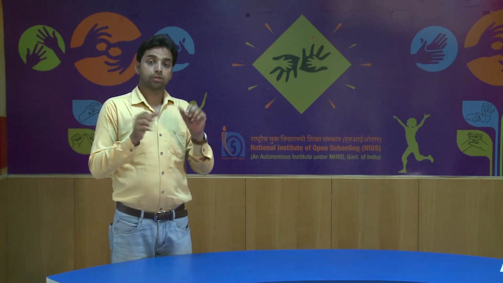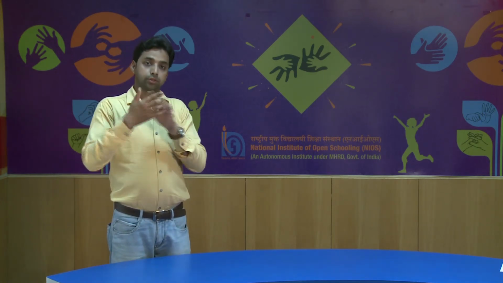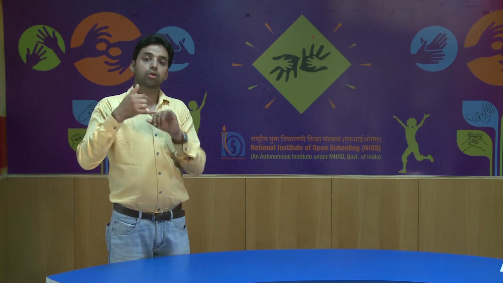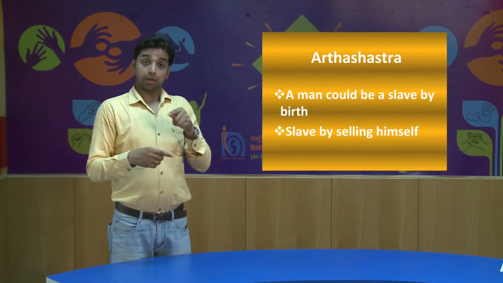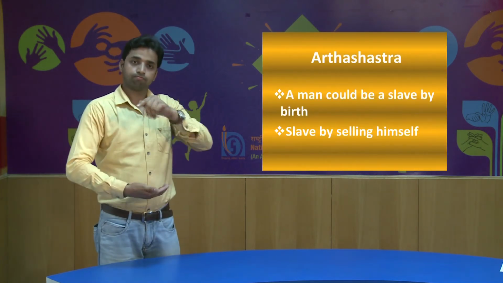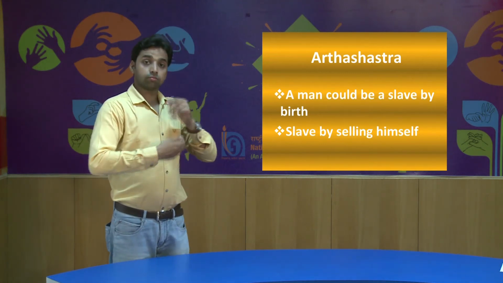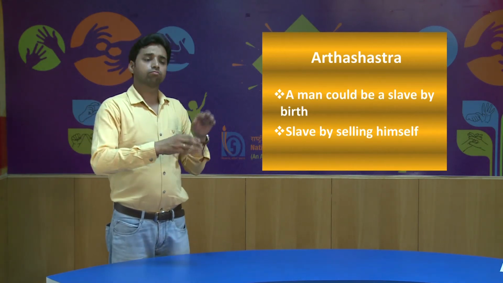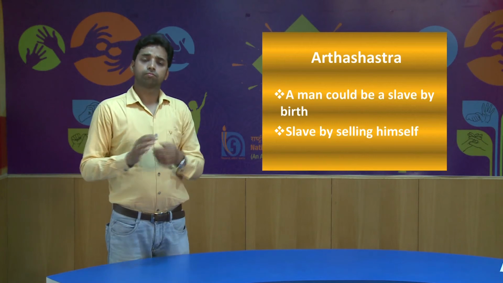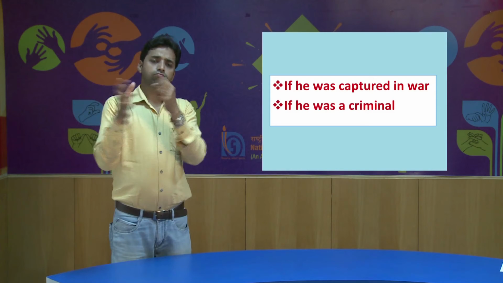Chanakya in his famous work Arthashastra says that a man could be a slave by birth, that is, he or she could be the child of a slave, or someone could become a slave by selling himself as a slave or being captured in war, or if he was a criminal.